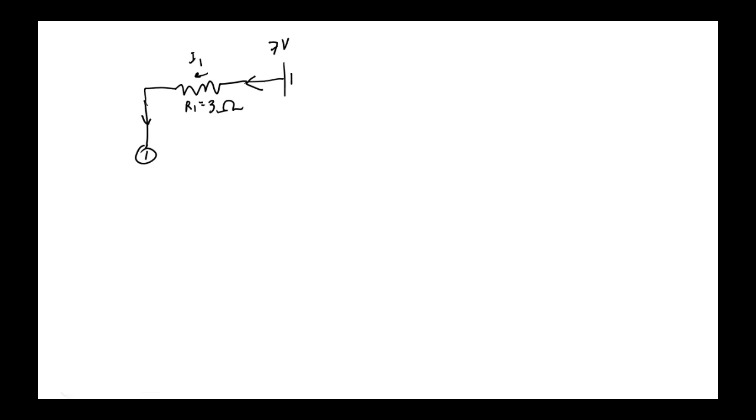Okay? Now, leaving node 1, you hit another resistor. And this is R2, and R2 is 2 ohms. Okay? And they come over here and meet at node 2. So this has the current leaving node 1 here and coming into node 2 there.